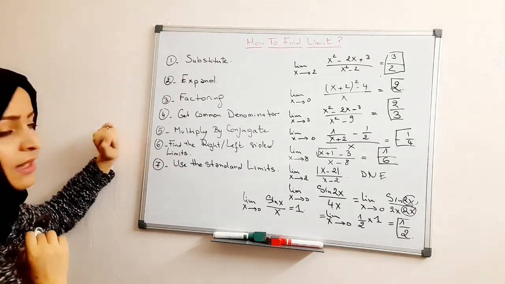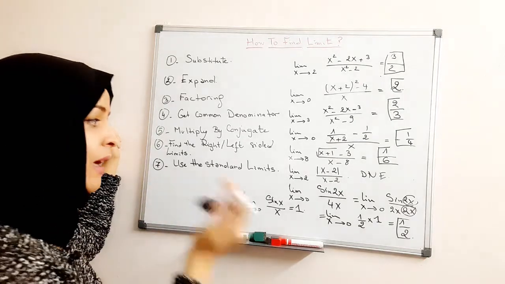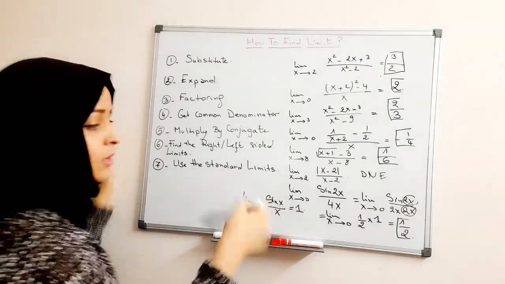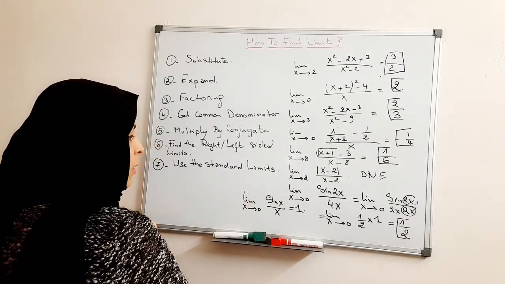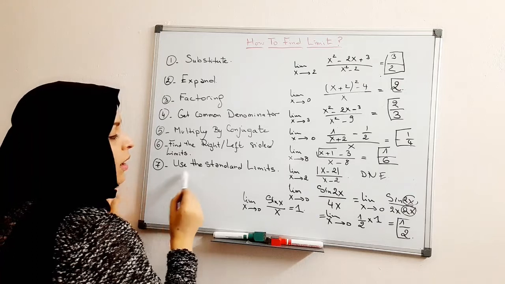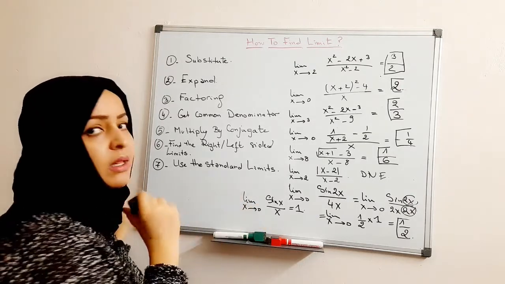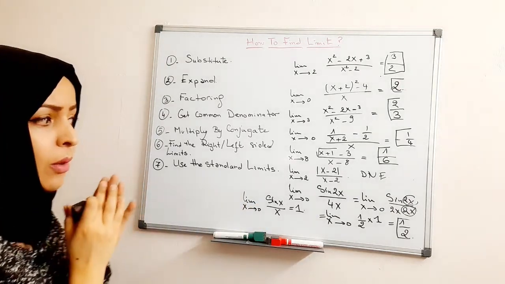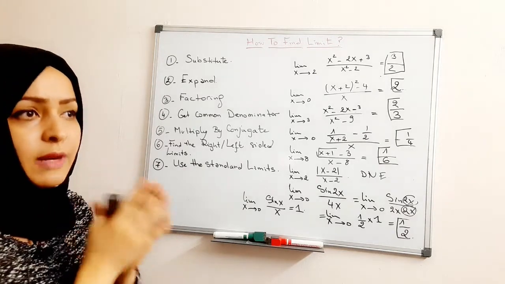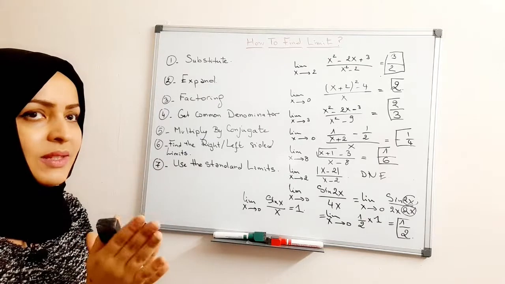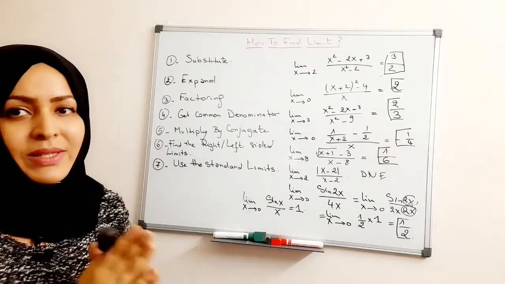And as a last thing, when we have a function that looks like one of the standard limits that we know, we can use one of the standard limits of the common functions to simplify the expression of the function and then substitute and find the result.